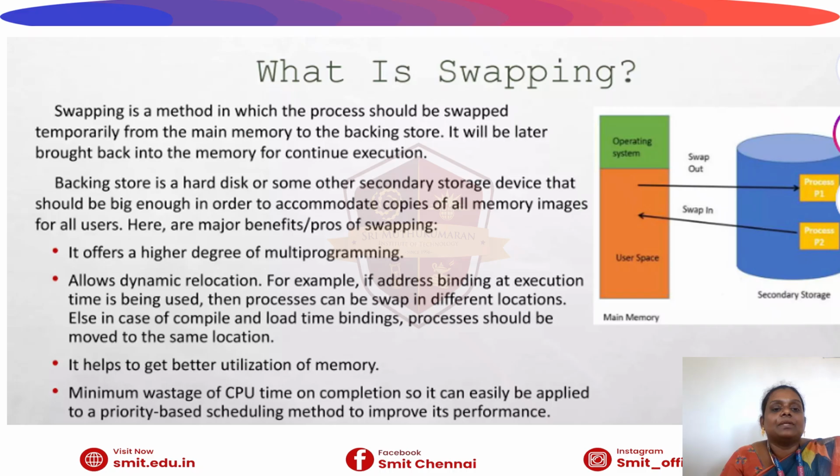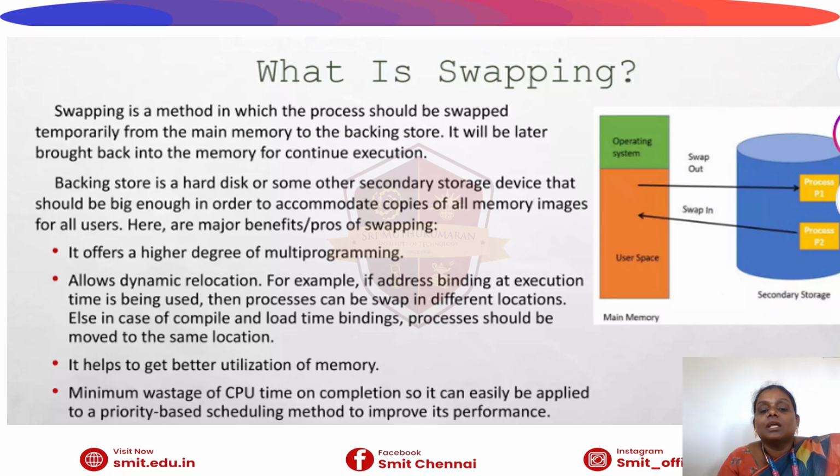And what is swapping? Swapping is a method in which a process is swapped temporarily from the main memory into the backing store. It will later be brought back into memory for continued execution. It will swap the process and swap the memory to use. It allows dynamic allocation.